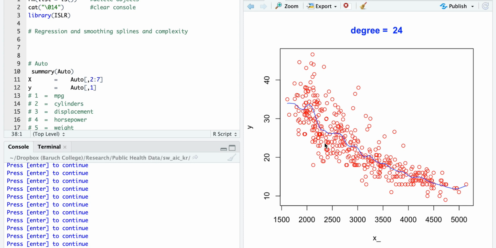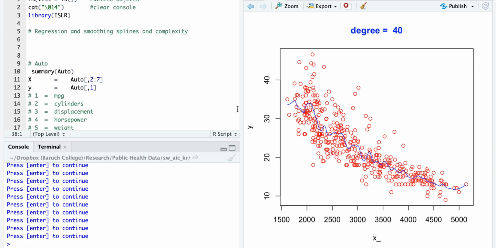If we had received another independent data set of the same cars, maybe the numbers would be more or less the same, but the variability will be different. So we don't want to capture that. We're not interested in the data itself. We are interested in the data because it allows us to say something about the underlying trend. So anyway, as the degrees increase, it becomes more and more complex and wiggly. That's it.